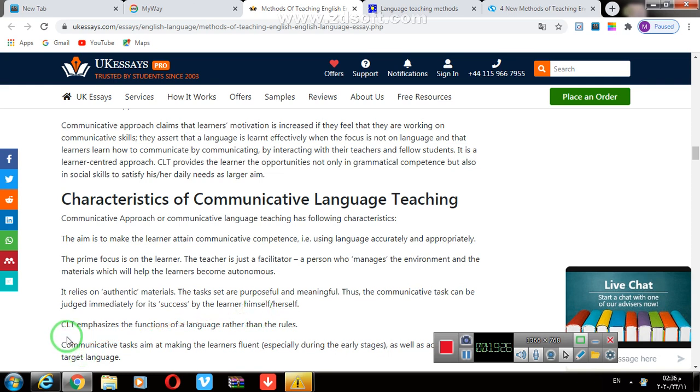The CLT, that is communicative language teaching, emphasizes the functions of a language rather than the rules. So the objective of this method is to work according to the function of the language rather than rules. We are not teaching rules each and every time. We are using the language like that.